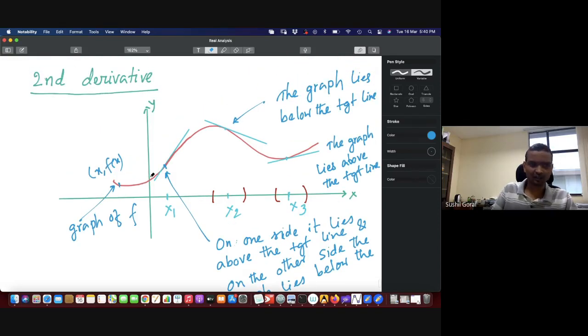So here the graph lies above, and here it lies below. Is this clear? So these are three different behaviors.